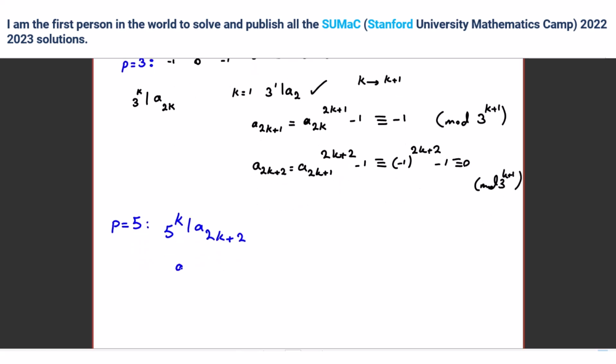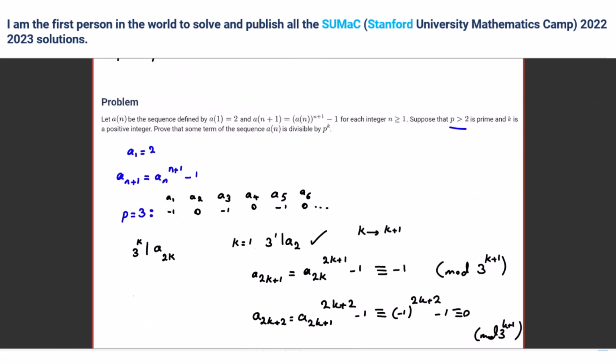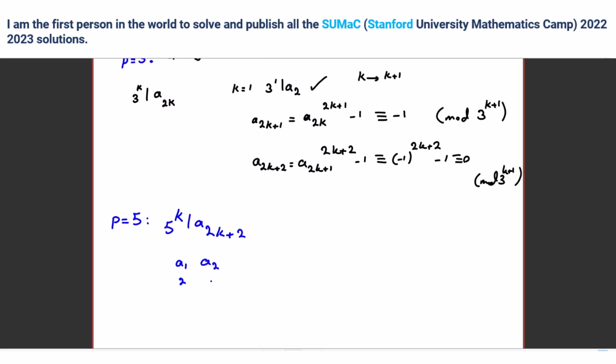Again, if we consider mod 5, a1 we know is 2, right? A2 is 2 squared minus 1, which is 3. A3 is 3 cubed minus 1, which is 26, so 1. A4 is 1 to the 4 minus 1, which is 0.